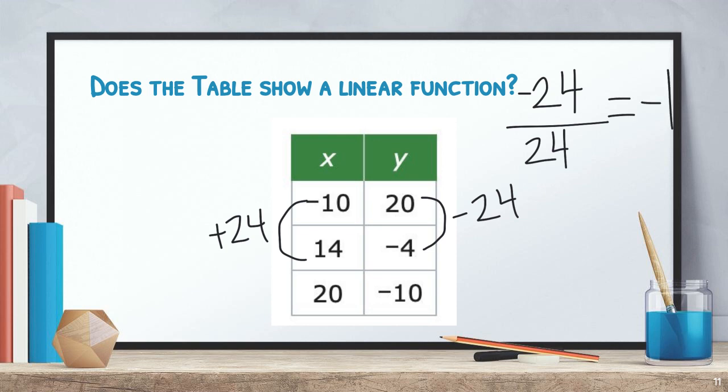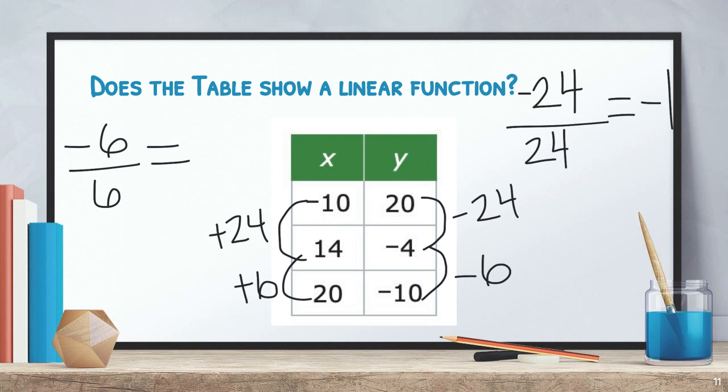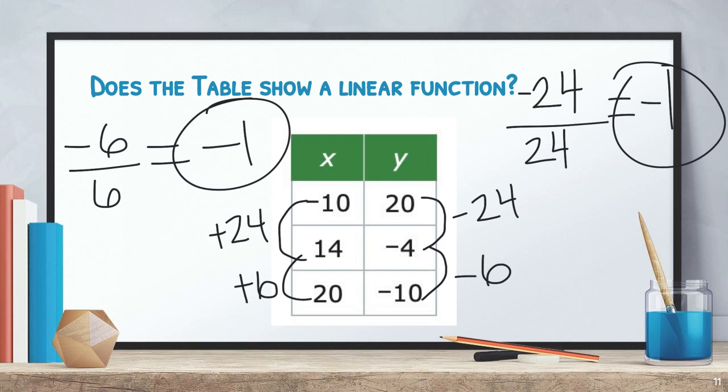Now I look at between my second points. To get from negative 4 to negative 10, I am subtracting 6. To get from 14 to 20, I am adding 6. So the slope on this one would be negative 6 over positive 6, and negative 6 divided by positive 6 is negative 1.